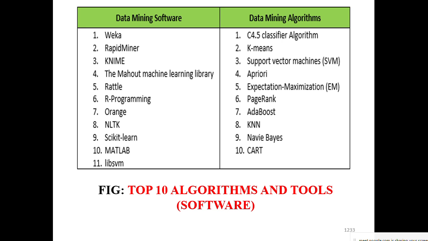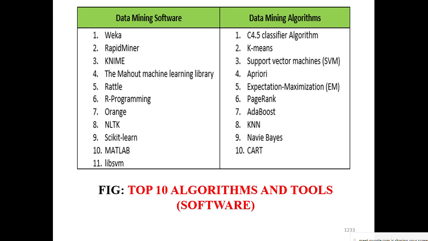Scikit-learn, sklearn, is a library to solve machine learning algorithm concepts like classification, regression, association rule mining, outlier detection, recommender engine. Then MATLAB is a matrix laboratory to solve image processing and statistical analysis.